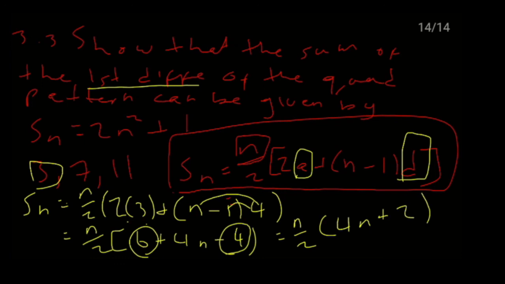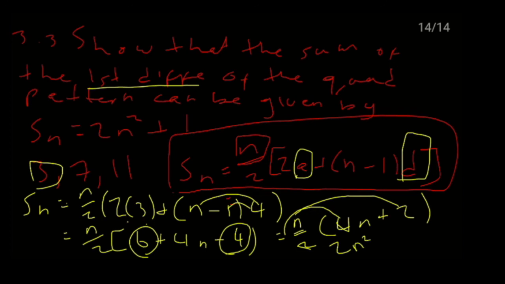Now from here, you simply distribute the n over 2 into the bracket, meaning you will be left with n over 2 times 4n. The 2 will go into 4 twice, meaning you are left with 2n squared.